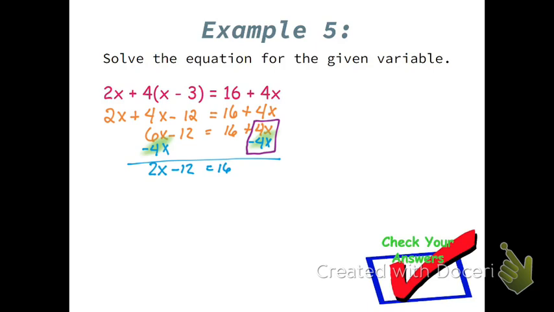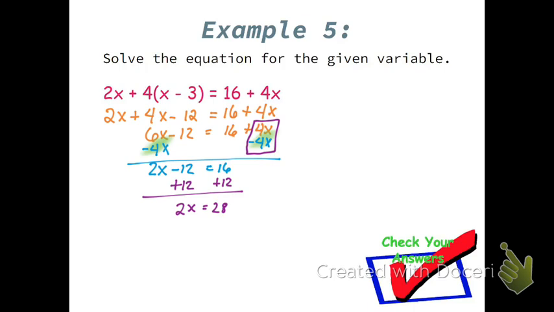Next thing you would be doing, still trying to get now all of the constants to the other side. So we've got the variables on the left. That means we want the constants on the right, and we're going to do that by adding 12 to both sides. Okay, if you're adding 12 to both sides, that's your addition property of equality.